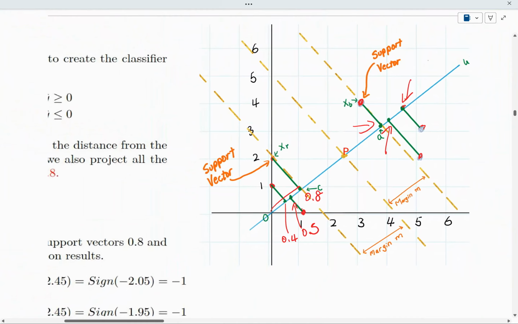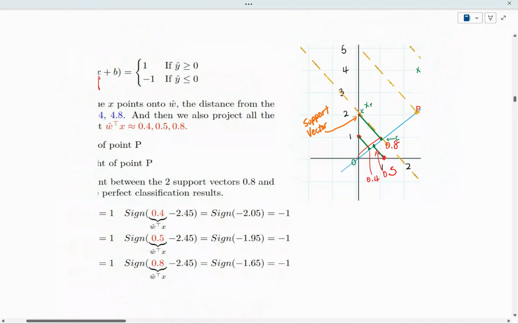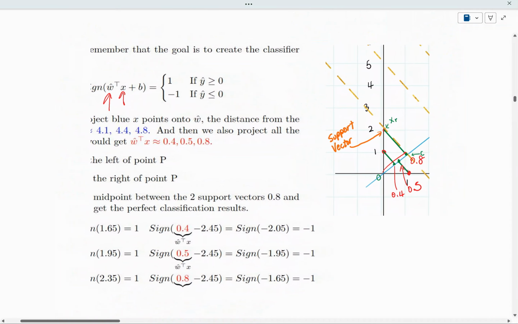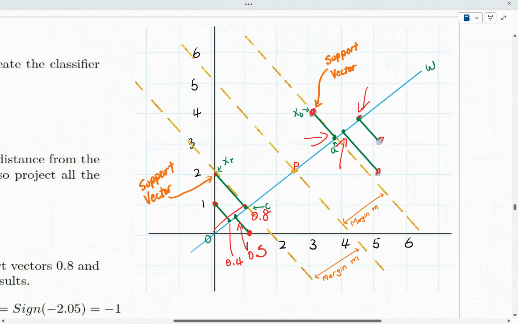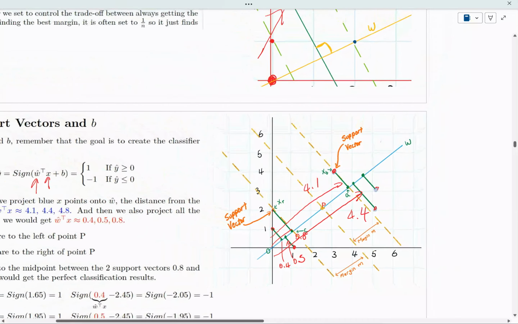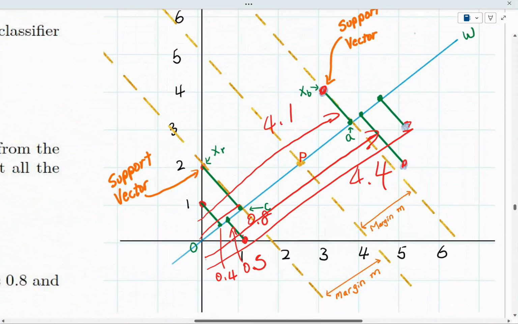We also know all the distances for the other class, which are 4.1, 4.4, 4.8. The distance from here to here is 4.1, from here to here 4.4, and from here to here 4.8.